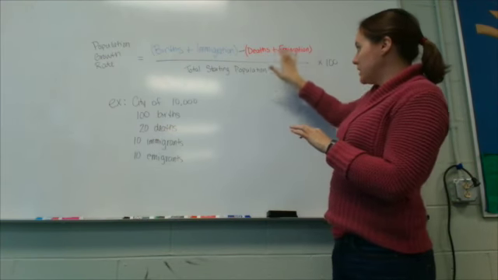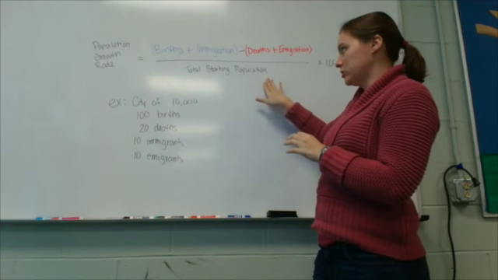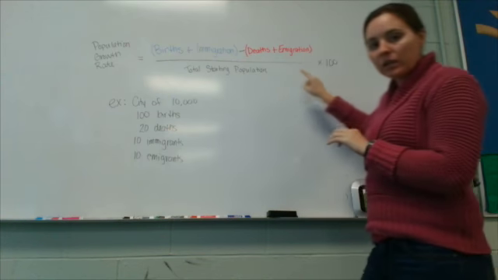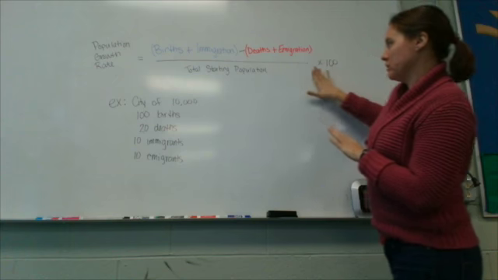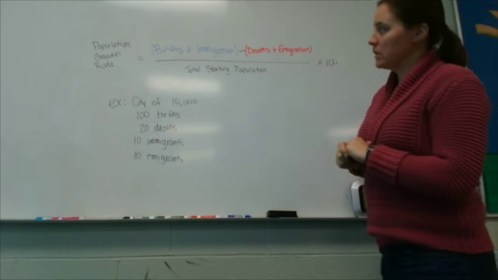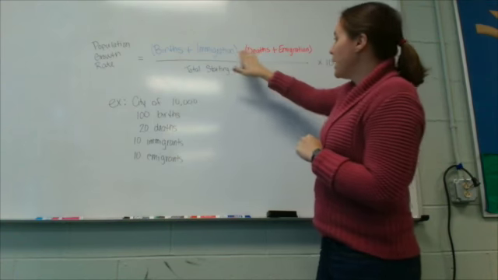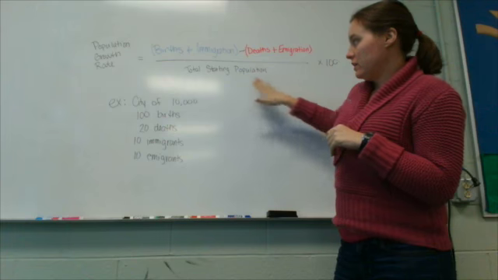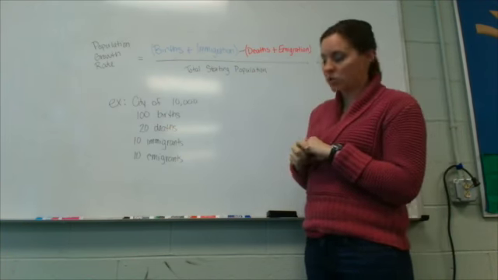So that would be the deaths and the emigrations, divided by our total starting population. And since we have a rate, we want this to be in a percentage, so then we need to times by 100. This will give us the decimal, and then we times it by 100, it'll give us a percent. All right, so again, that's births and immigrations together, minus deaths and emigrations together, divided by the total starting population times 100 to convert it into a percent.